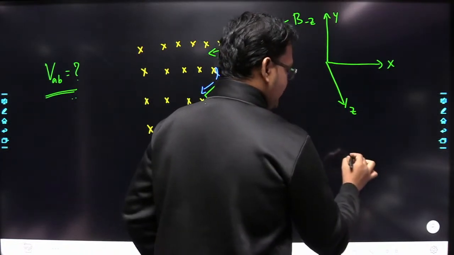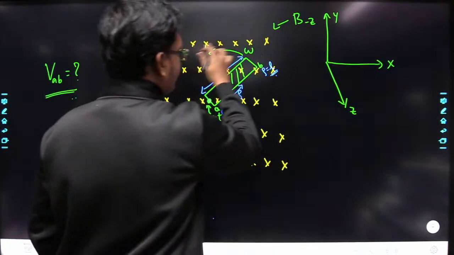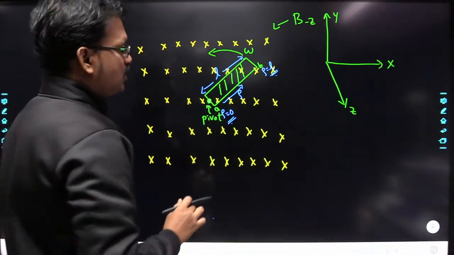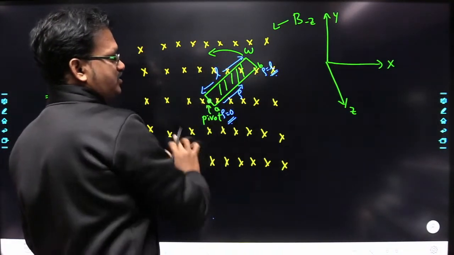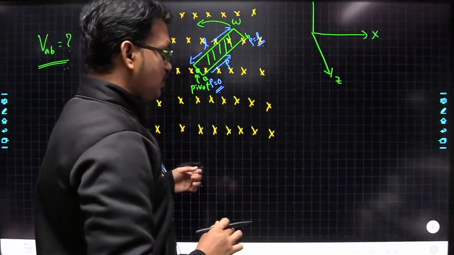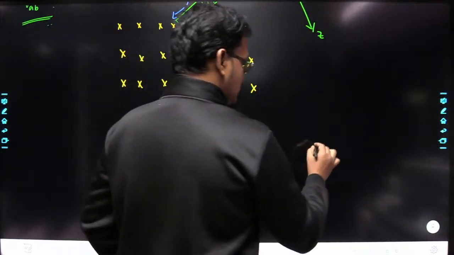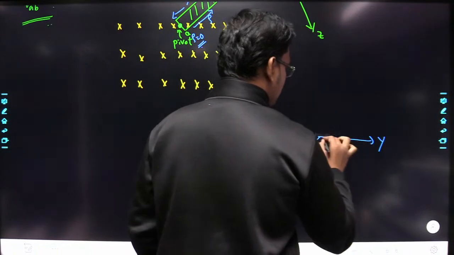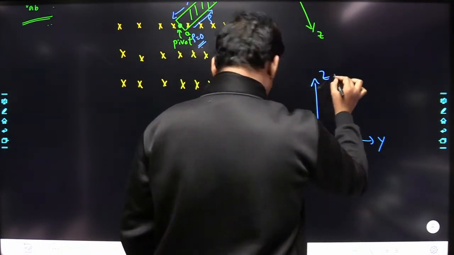Now, anything that is circulating in the anti-clockwise direction, this direction here I am considering as a phi cap. I hope you have studied the cylindrical coordinate system: X axis here, Y axis here, Z axis here.